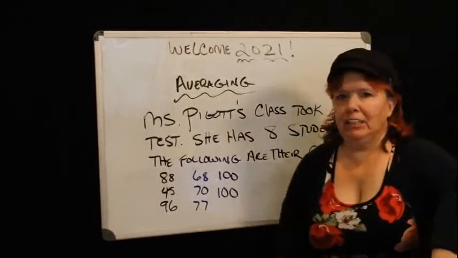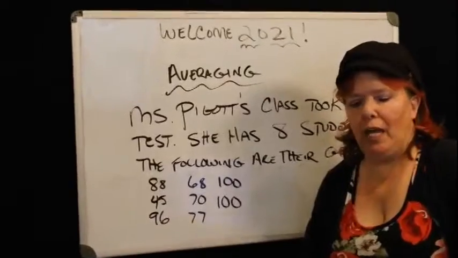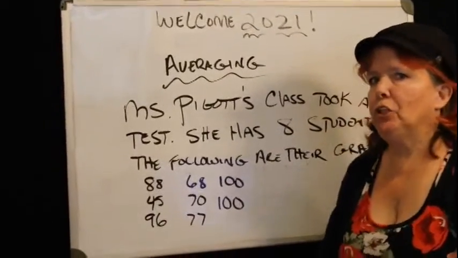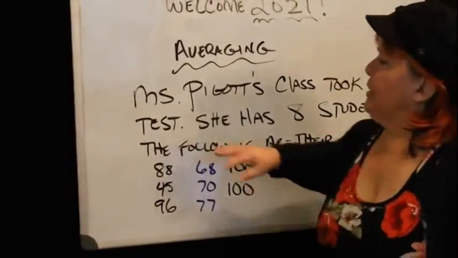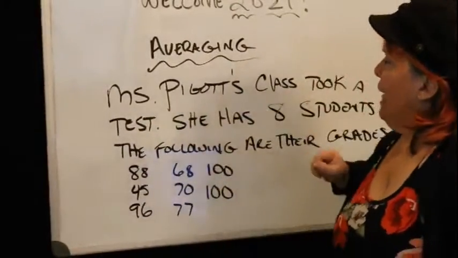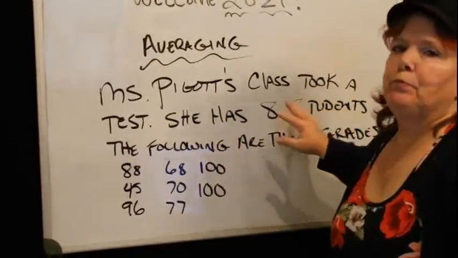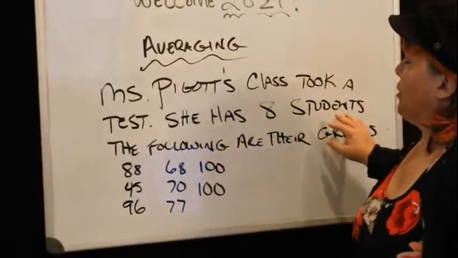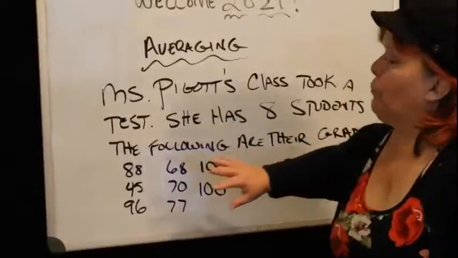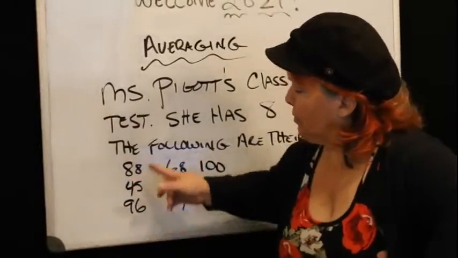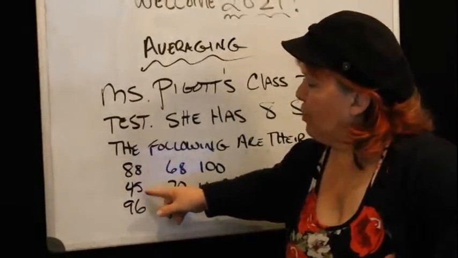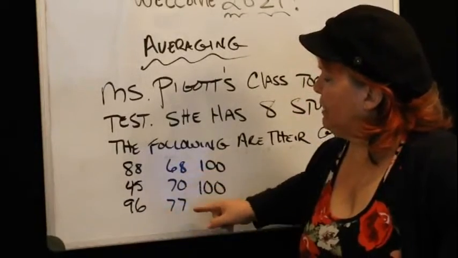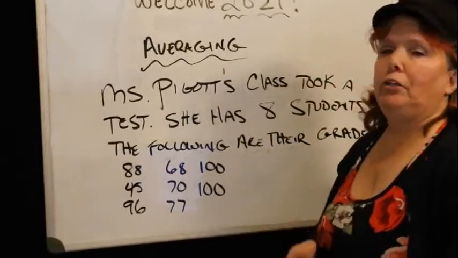Okay, the last thing we're going to do today is averaging. I'm going to show you how to do an average. So, Mrs. Pajot, that's me, my class took a test. And at this point in time, I had 8 students who had the following grades: 88, 45, 96, 68, 70, 77, 100, and 100.